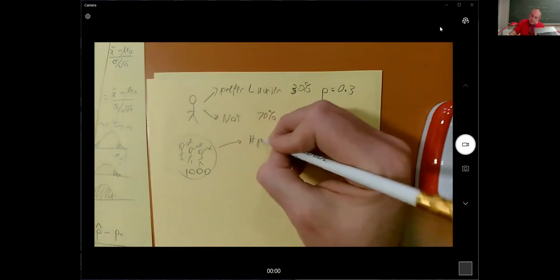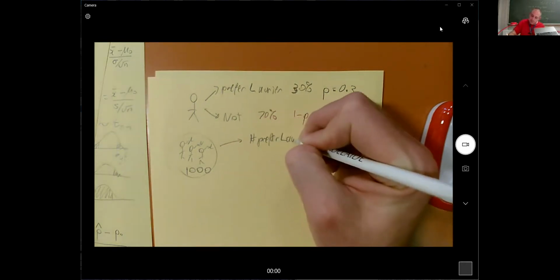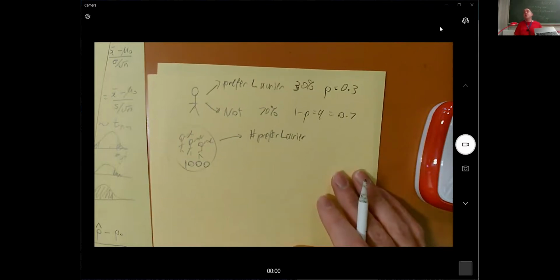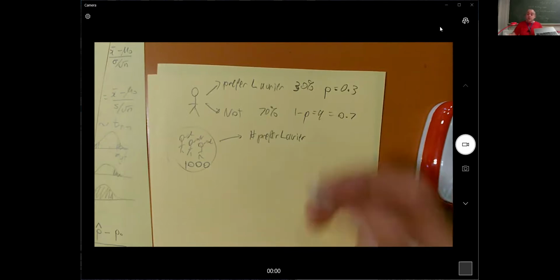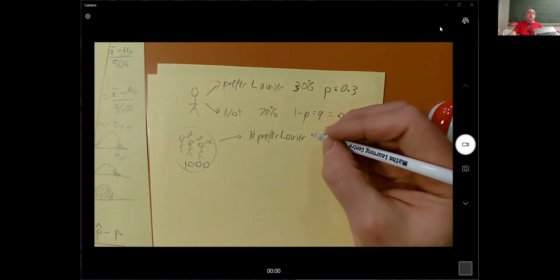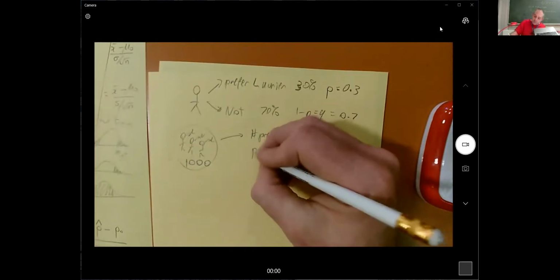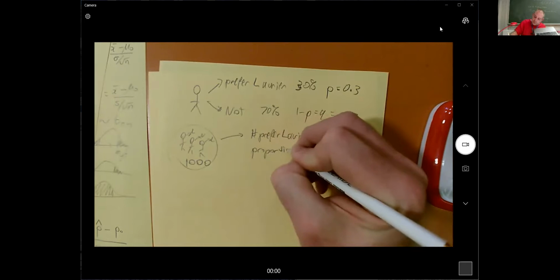The number that prefer. So what I've done is I've done this experiment 1,000 times. And what that means is that the number that prefer Laurier is a binomial distribution. Or not just the number that prefer Laurier, I could also calculate the percentage that prefer Laurier, right? Proportion.